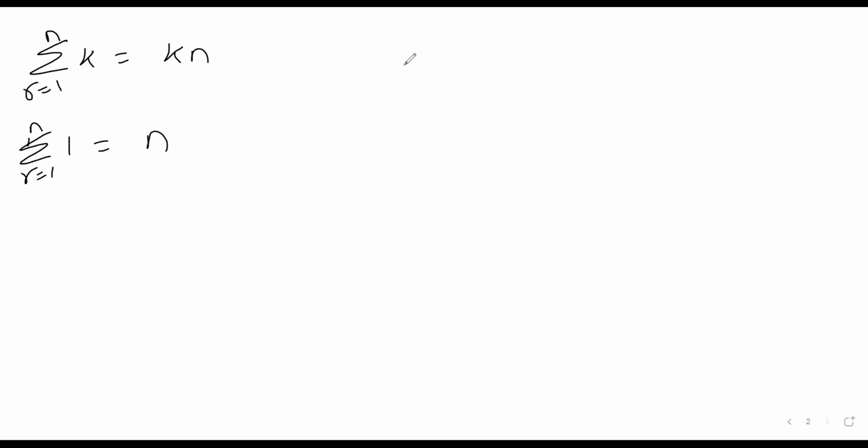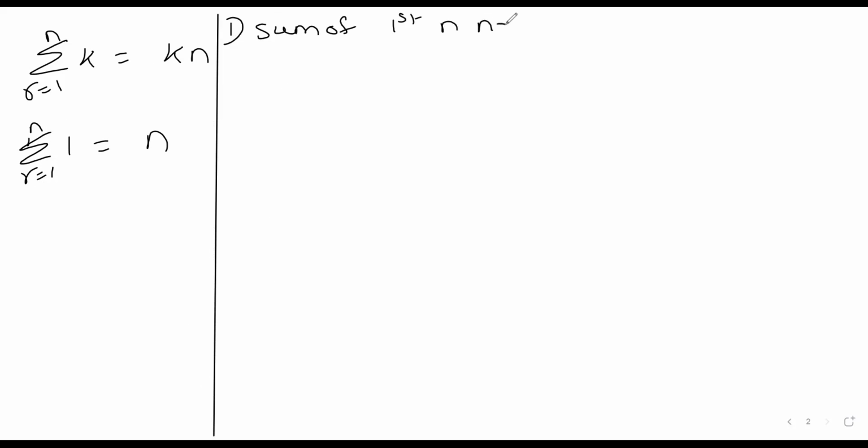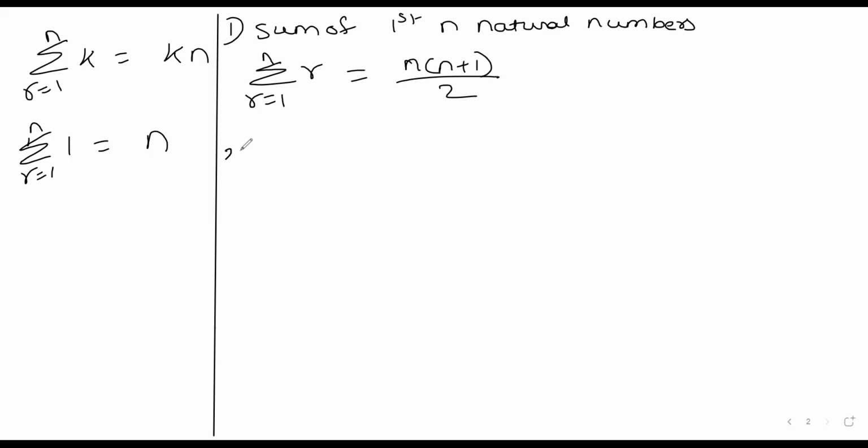The most important results of summation are, we should really learn them because they are very useful in other topics also. So the first one is sum of first n natural numbers. It is summation r runs from 1 to n, r, so that will be n into n plus 1 by 2.